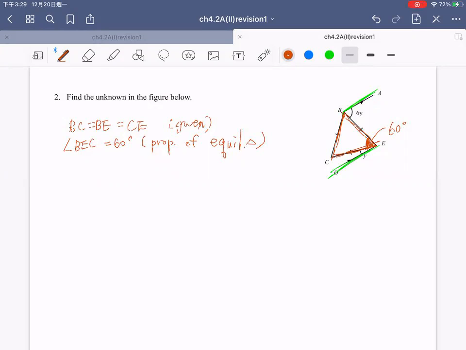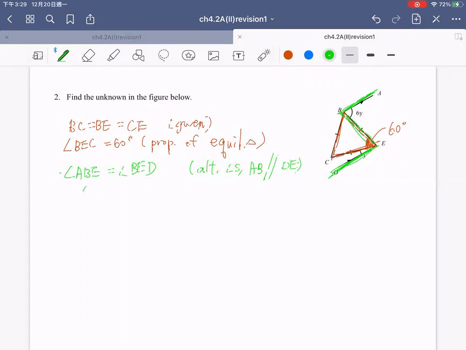Then after we say this, you can see this one, right? What angle is that? So angle ABE is angle BED. Alternate angles, AB parallel DE.